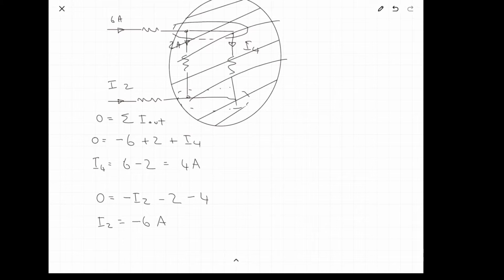So if we drew this circle here, Kirchhoff's law must apply to all of the lines going in and out. And if we look at it, we have 6 amps going in. And so on the other end going in, we must have -6 amps, even without having worked out I4. We can go just straight to that. Sometimes that's quite handy when you've got a very complex circuit under your circle and you don't really need to deal with it.